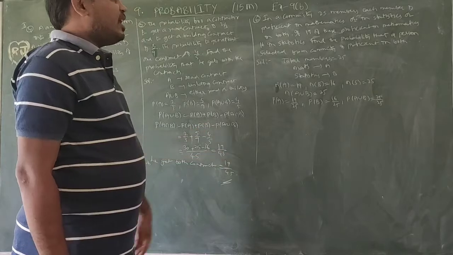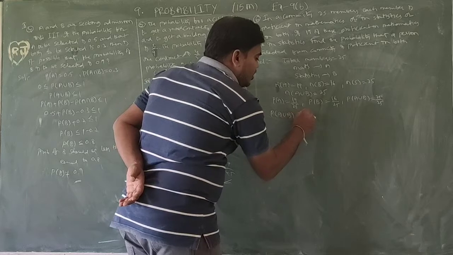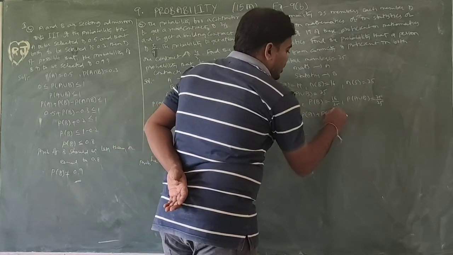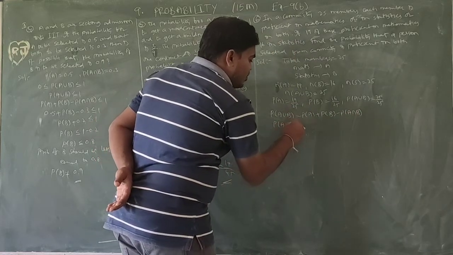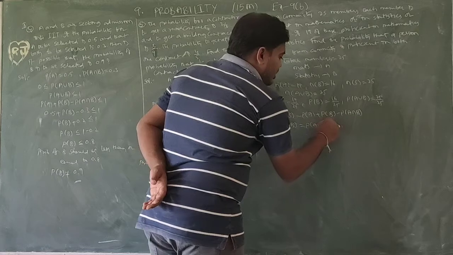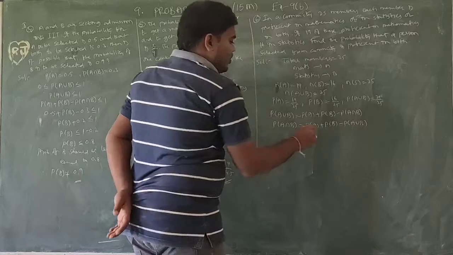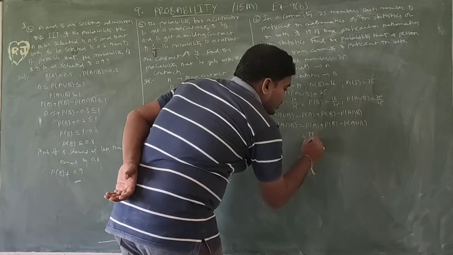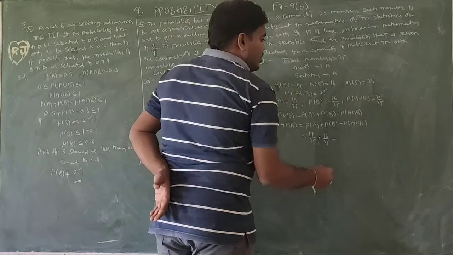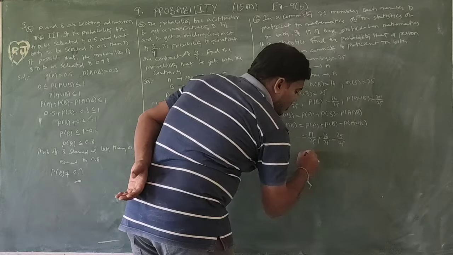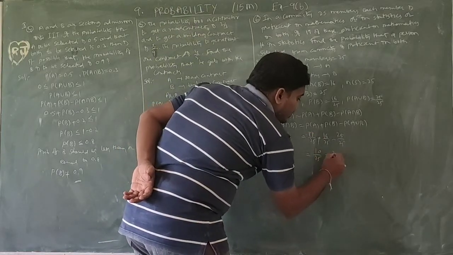Again, addition theorem of probability. P of A union B equal to P of A plus P of B minus P of A intersection B. Bringing this side, P of A intersection B equal to P of A plus P of B minus P of A union B. So 19 by 25 plus 16 by 25 minus 25 by 25. 19 plus 16, 35 minus 25, 10 by 25 equal to 2 by 5.